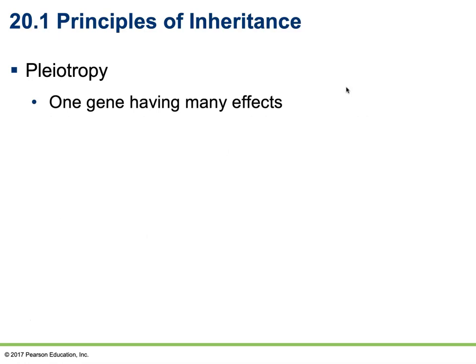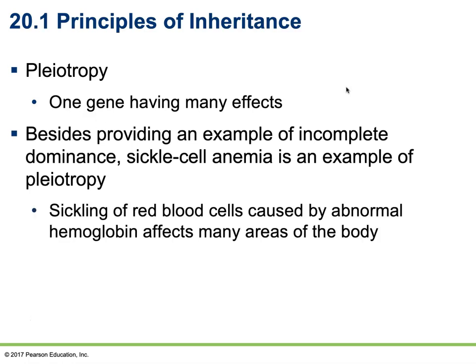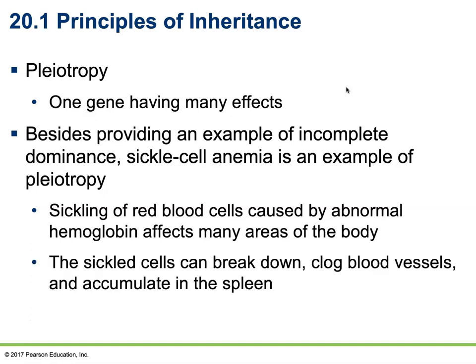Pleiotropy is when one gene has many different effects. Besides providing an example of incomplete dominance, sickle cell anemia is an example of pleiotropy. The sickling of red blood cells is caused by abnormal hemoglobin that affects a lot of areas in the body. So sickle cell trait doesn't affect just the shape of your blood cells, but can actually affect many other parts of the body.